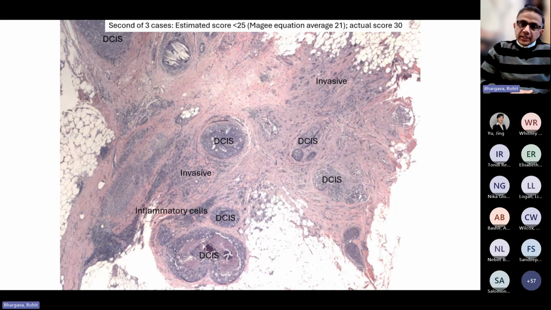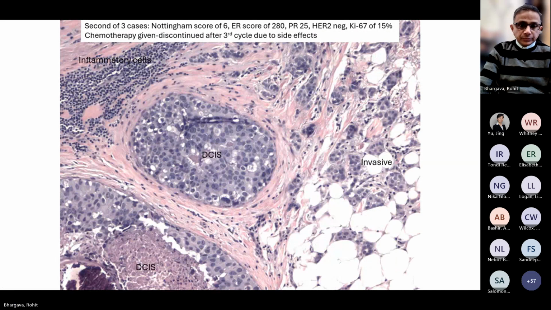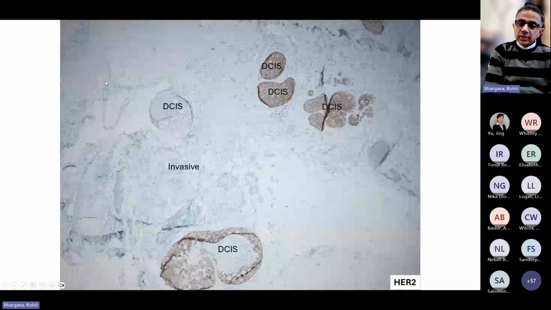This was the second case where there is invasive cancer as well as a lot of ductal carcinoma in situ with comedonecrosis and associated calcs, and there are also inflammatory cells. Here is the invasive cancer, which is more intermediate grade, and the DCIS and some inflammatory cells. This is the HER2 stain on this case.